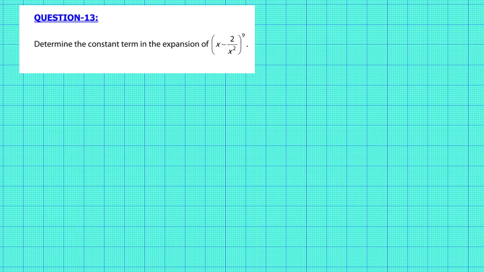Question 13. Determine the constant term in the expansion of x minus 2 divided by x squared all raised to the power of 9. In this question, n is equal to 9. I'm going to rearrange the question slightly, giving me x minus 2x to the minus 2 raised to the power of 9.